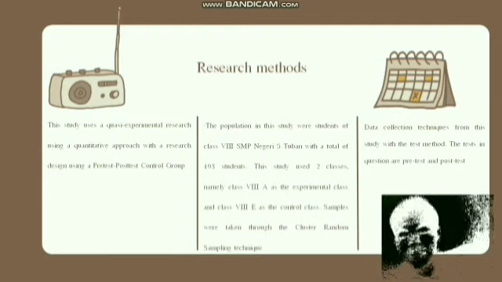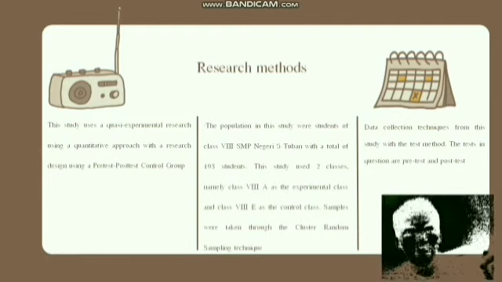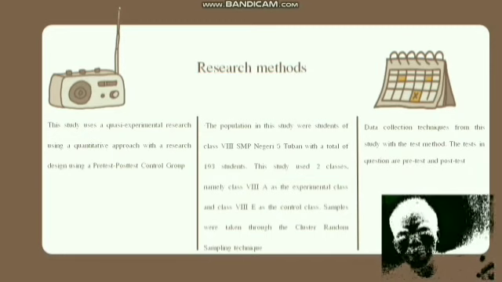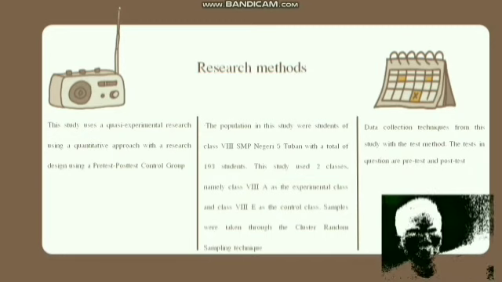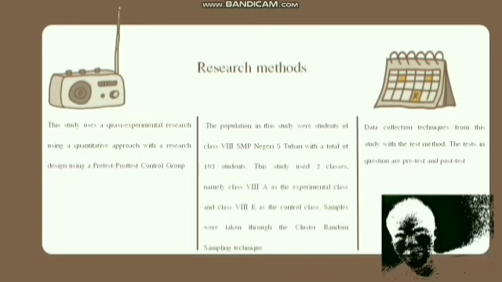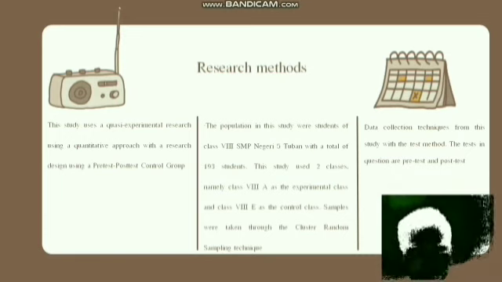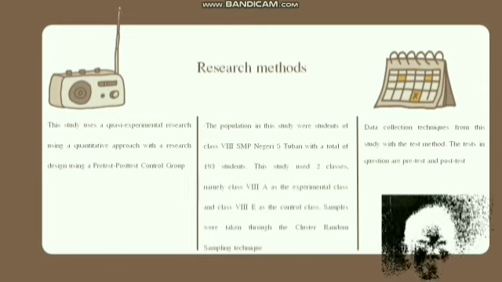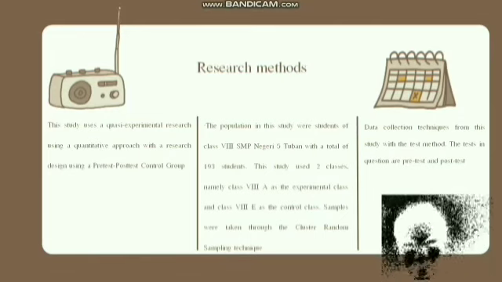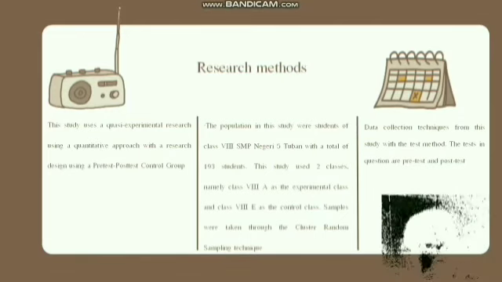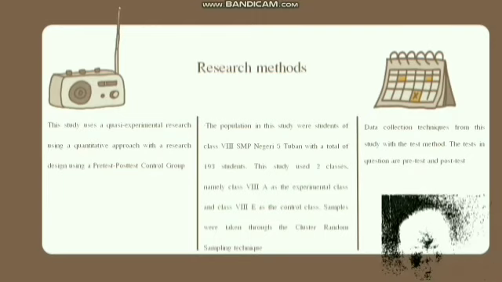Next, research methods. This study uses quasi-experiment research using a quantitative approach with a research design using a pretest post-test control group. The population in this study were students of class X junior high school 521 with a total of 193 students.